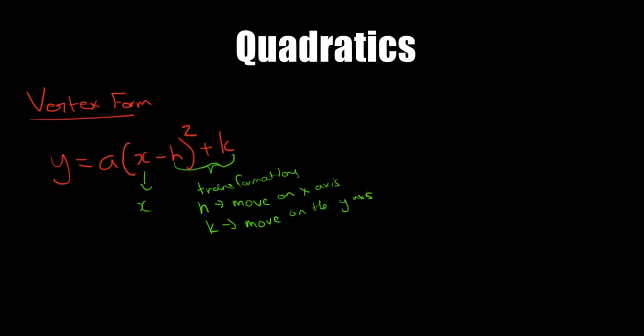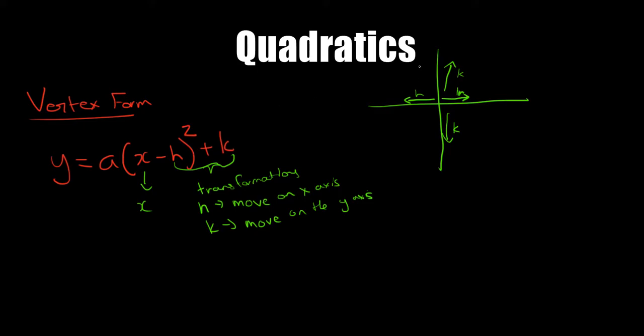Supposing I've got a graph like this, h will tell me how far this way or this way the graph has translated. So we're describing a translation, a transformation here. The h describes how far left or right the graph could have moved, okay? And the k describes how far up or down the graph could have moved, okay? So these two things are our transformation factors. They tell us how much the graph has moved, okay?